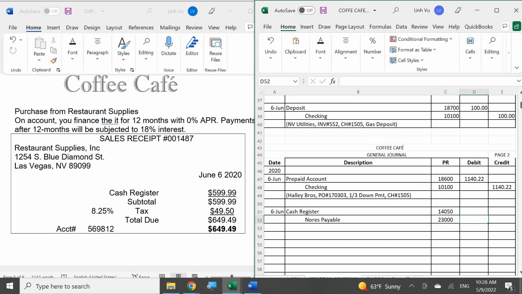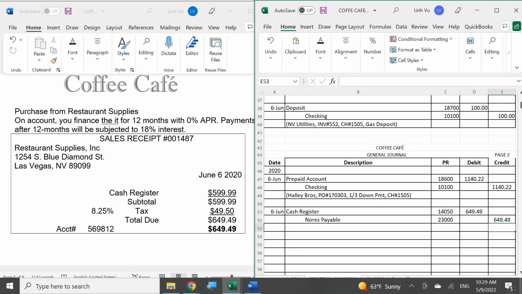Okay? Now, how much is my cash register? How much in grand total is my cash register? $649.49, right? Because in this case, it's a fixed asset.